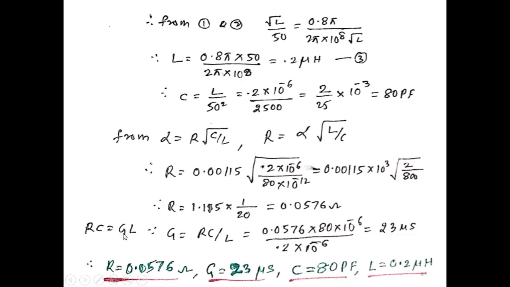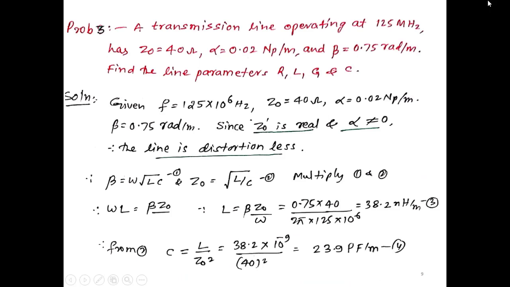But RC is equal to GL, therefore G is equal to RC by L. Substitute the value of R and C whole divided by L and simplify, we get 23 micromho. Therefore, the values are R is 0.0576, G is equal to 23 micromho, C is equal to 80 picofarad and L is equal to 0.2 microhenry.